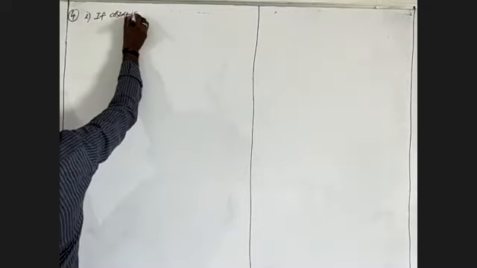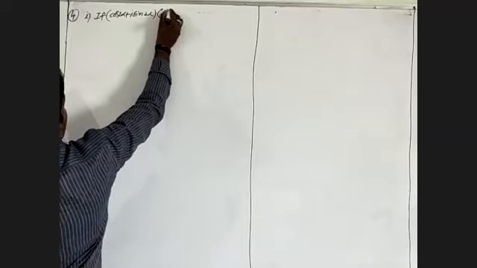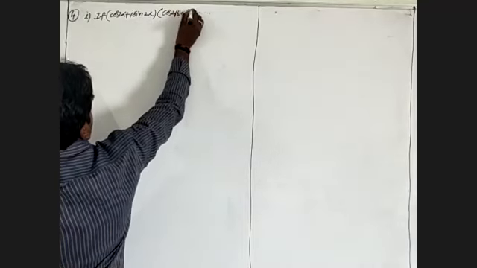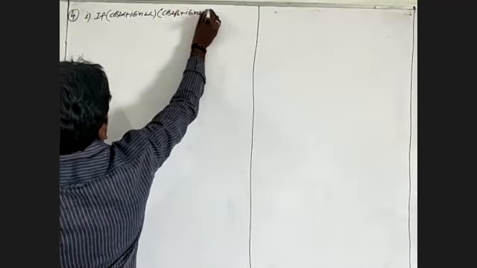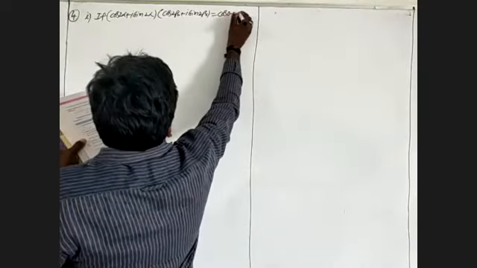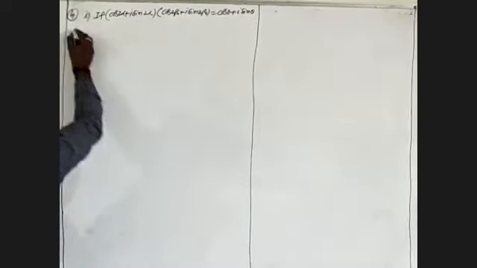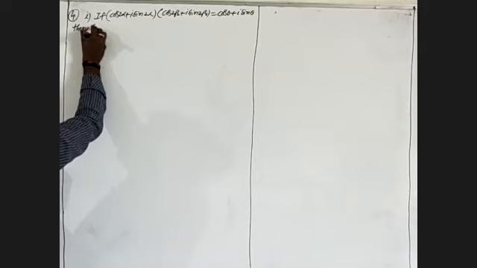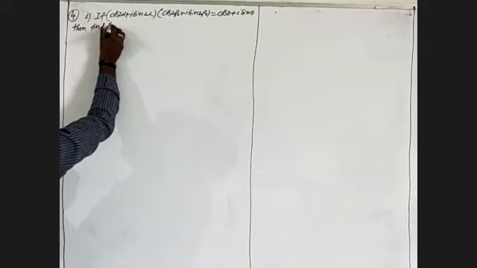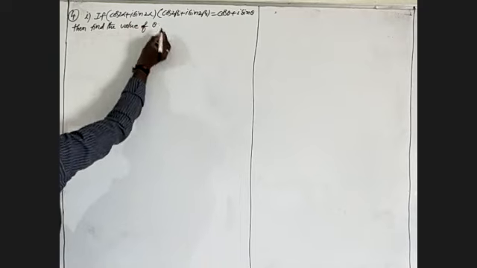If cos 2 alpha plus i sin 2 alpha into cos 2 beta plus i sin 2 beta is equal to cos theta plus i sin theta, then find the value of theta.